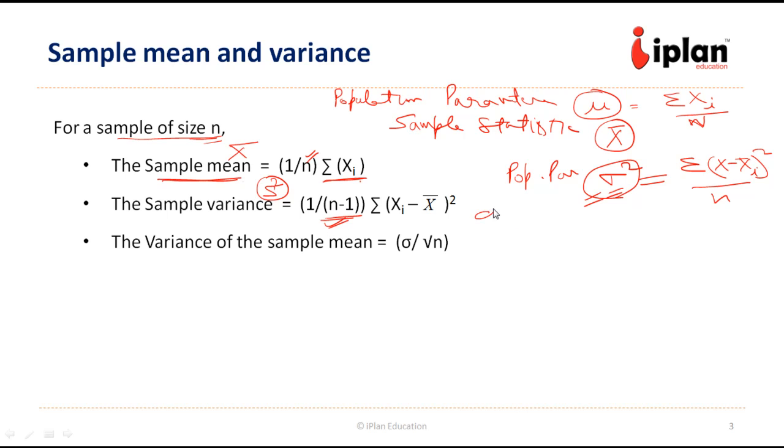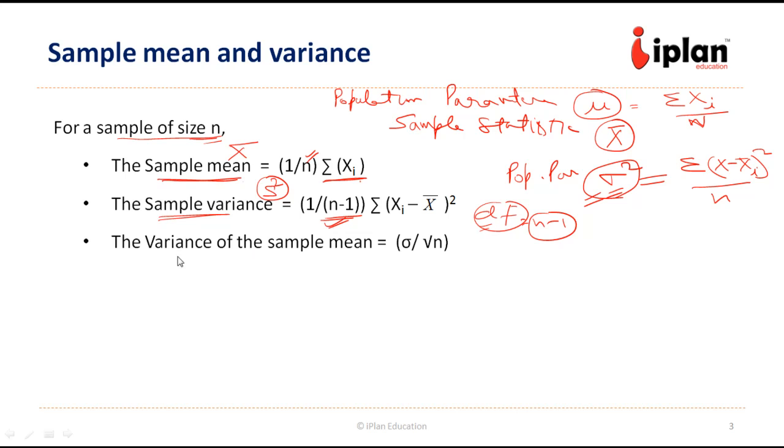So the degree of freedom is n minus 1 in this case when we are talking about the sample. The reason is that since in the calculation of sample, even the mean of the sample itself is an estimation, that is why we lose 1 degree of freedom and we are going to use n minus 1. So here we are trying to avoid the underestimation of variance or standard deviation. That is why we are using n minus 1.